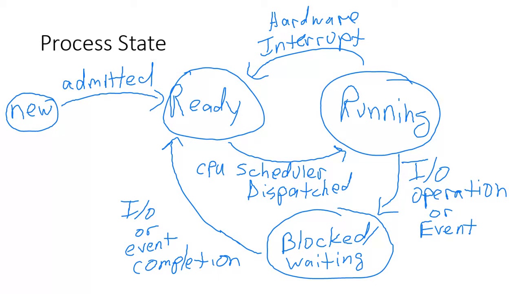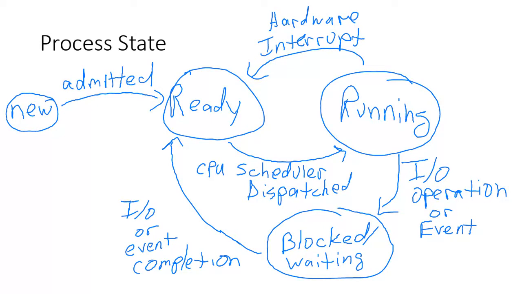So the resource might not necessarily be an I/O device. I looked in the textbook and they talked about resources in general terms. An I/O device is a resource, and there are other resources.